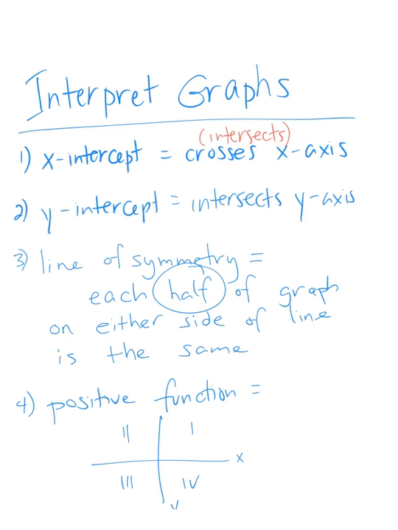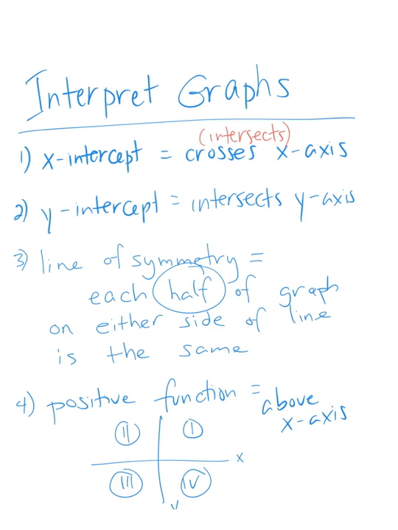Who's positive? It's always the one on the right side. So 1, 2, 3, or 4? 1 is positive. Who else is positive? 3? So basically, a positive function is above the x-axis.